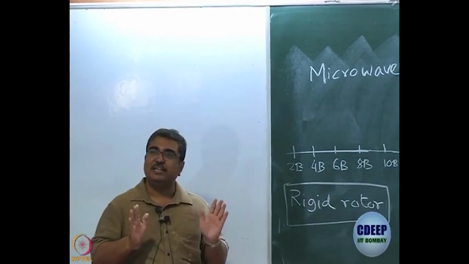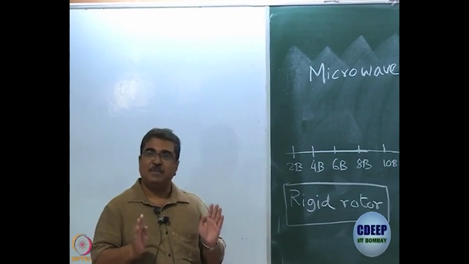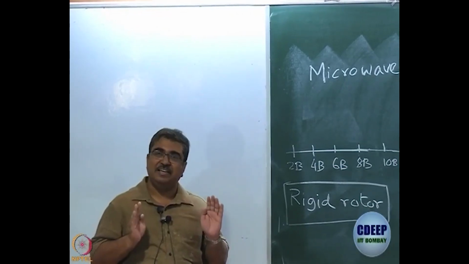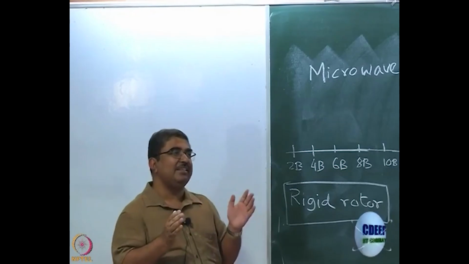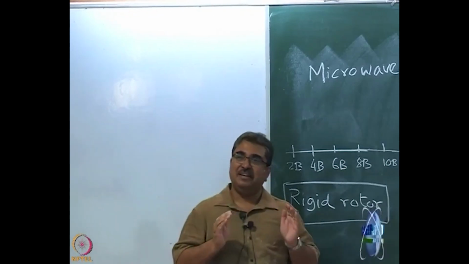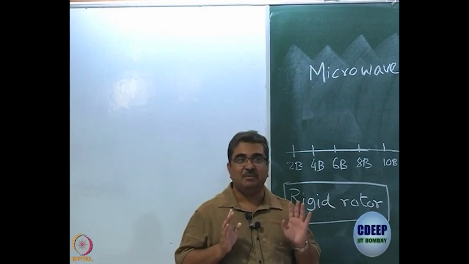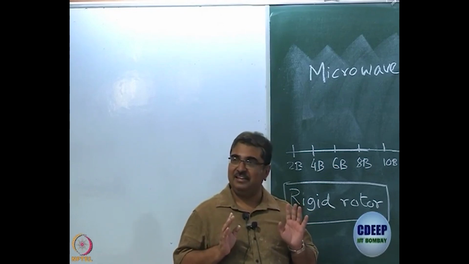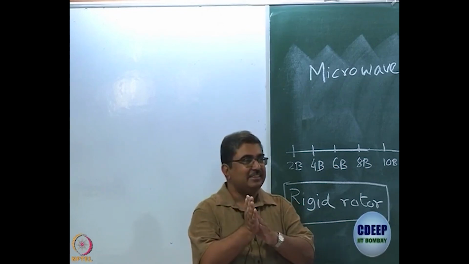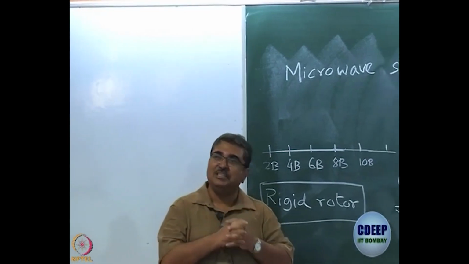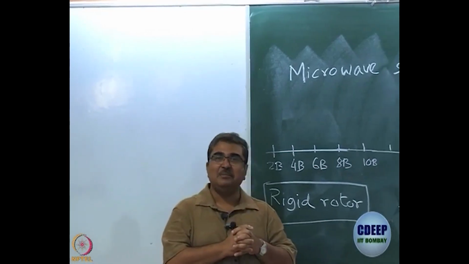If it is not rotating, then its energy is 0, and there is no potential energy, only kinetic energy. So, momentum is 0 plus minus 0, so no uncertainty in momentum. But then if it is fixed, there is uncertainty in position. What is the uncertainty in position?